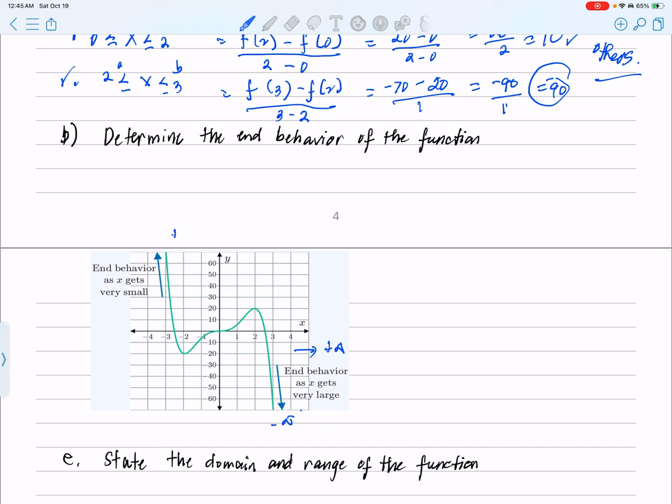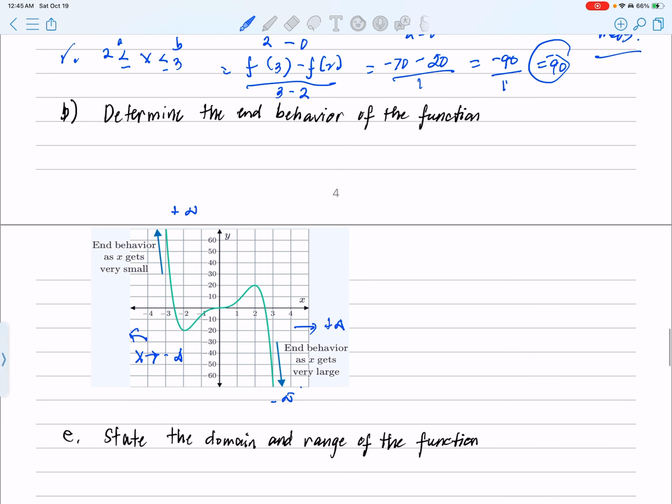And here it's positive infinity as x gets smaller, meaning as x approaches negative infinity.